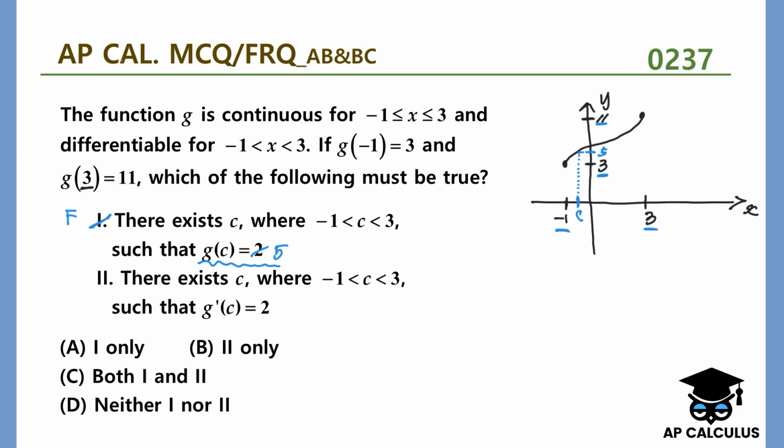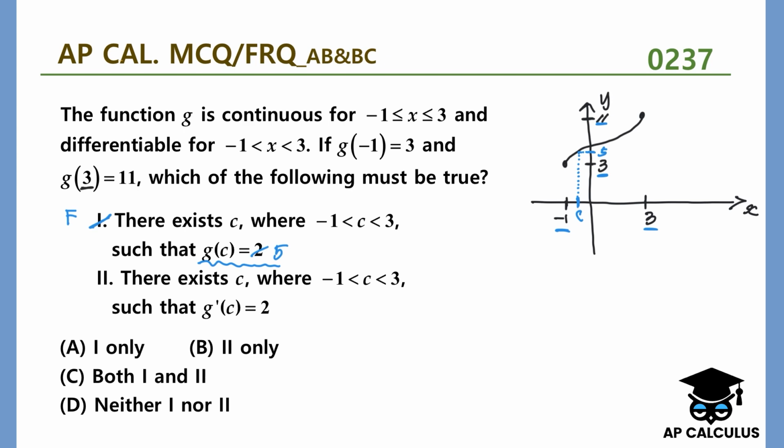When the function g is continuous and differentiable, then we can apply the mean value theorem, and the mean value theorem guarantees that slope of this secant line is equal to slope of tangent line at some value x, and that x has to be between -1 and 3, right? So let's find the slope of a secant line. We're going to draw secant line using ruler.